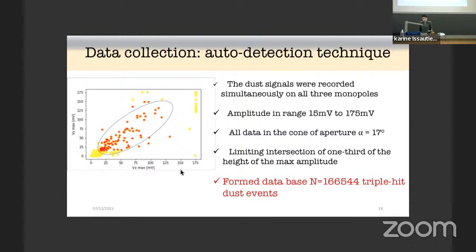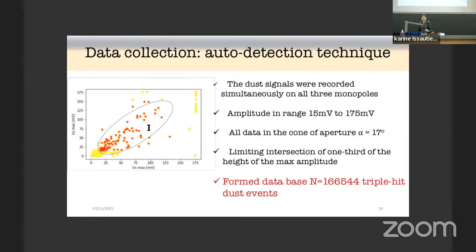And here is an example of the presentation in 2D. I plot the amplitudes from the Vx antenna and from the Vy antenna. And here in red are the spots that we are looking for.